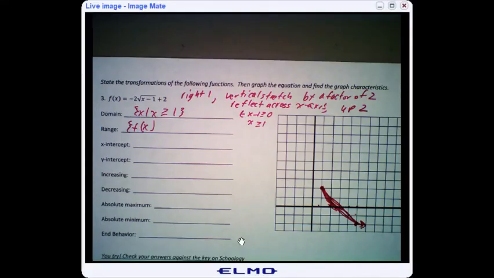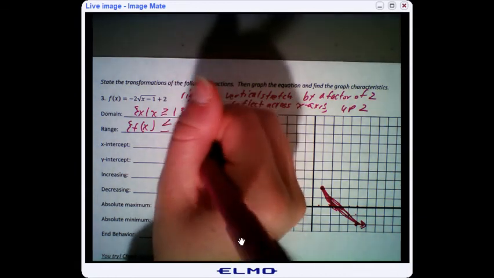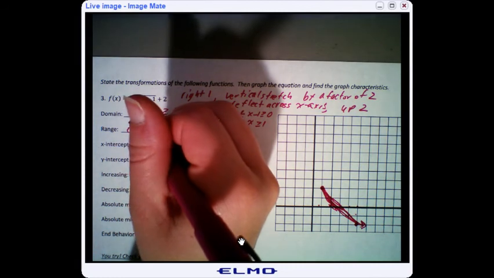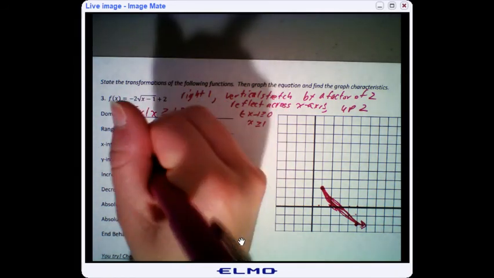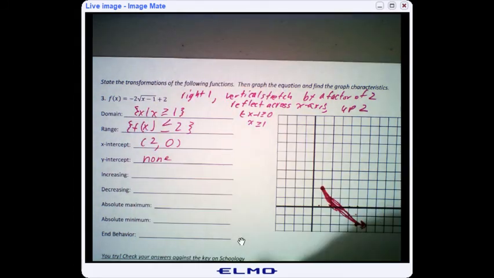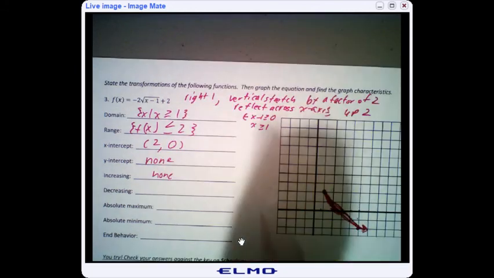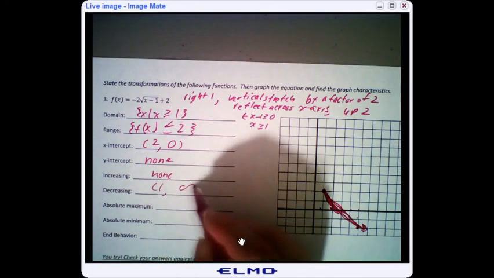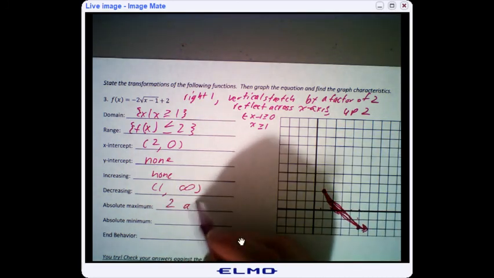So my range is less than or equal to 2. My x-intercept is at 2, 0. My y-intercept is none. When I look at my graph, I have no increasing. I'm decreasing from 1 to infinity, and my absolute maximum is 2 at x equals 1.